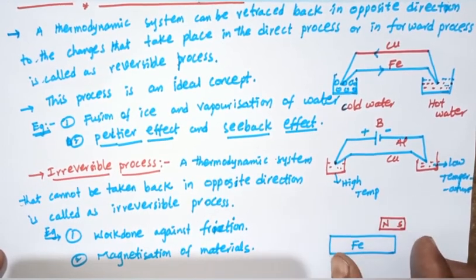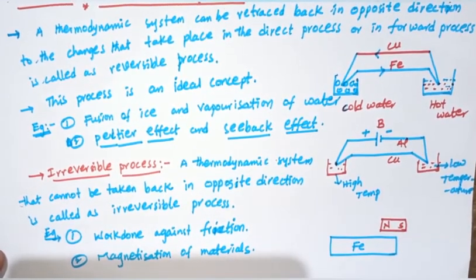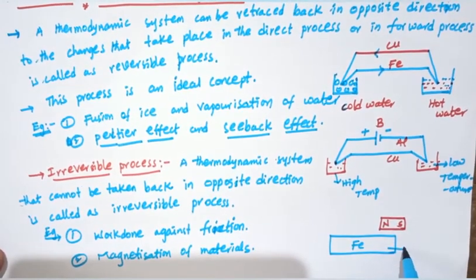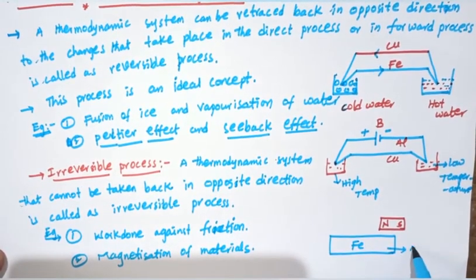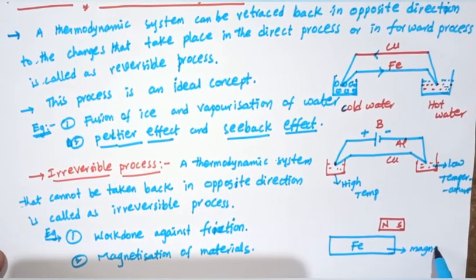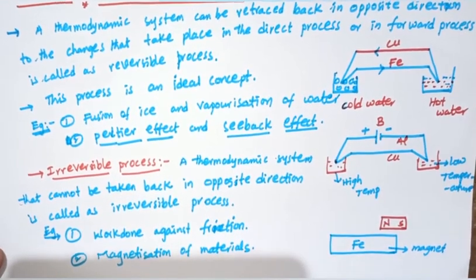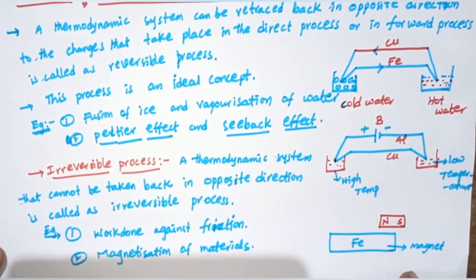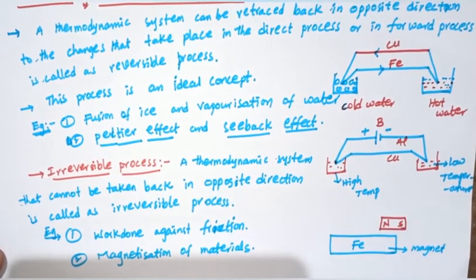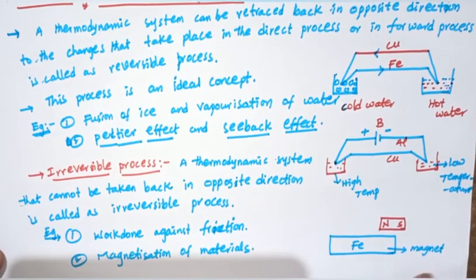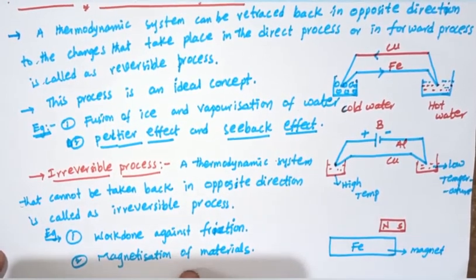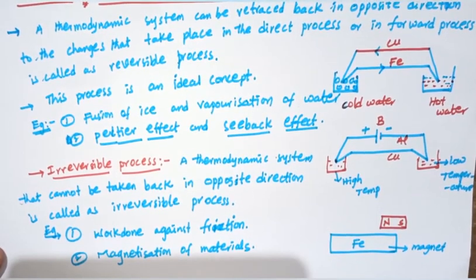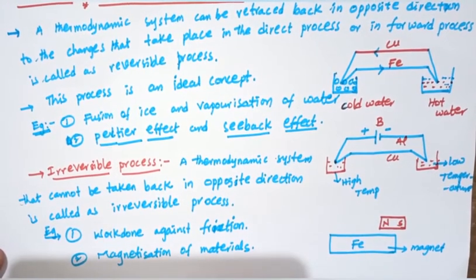After some time, the rod is also converted into a magnet. If it is rubbed in the opposite direction, it does not convert to demagnetization. So magnetization of materials is also an irreversible process.